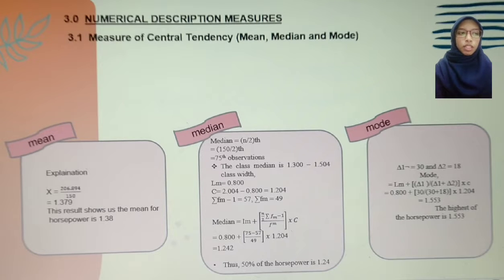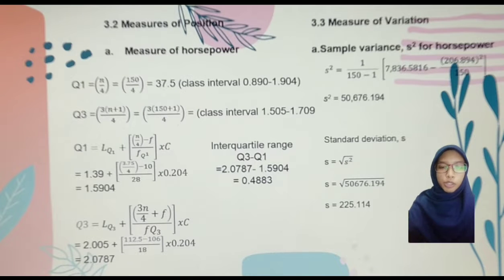The third is mode. Mode equals 0.800 plus in bracket 30 per 30 plus 18 multiply 1.204 equals 1.553. The highest of the horsepower is 1.553. 3.2 measure of position. A measure of horsepower. Q1 equals 1.39 plus in bracket 3.75 per 4 minus 10 per 28 multiply 0.204 equals 1.5904.